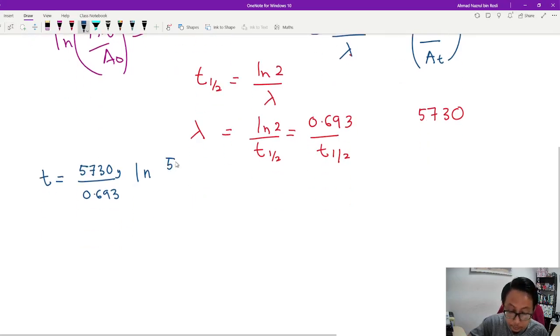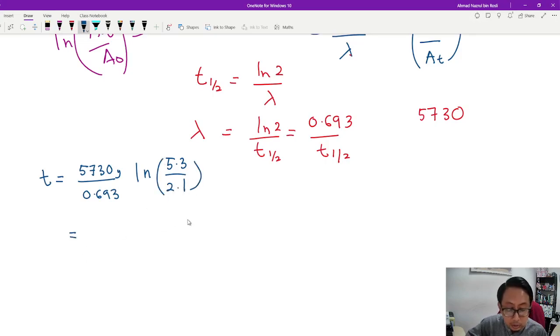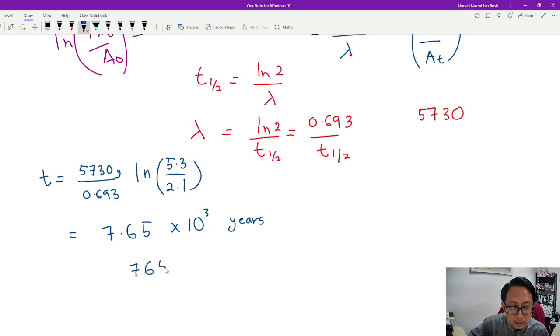So 5.3 over 2.1. You can use your calculator here. What we get is 7.65 times 10 to the power of 3 years, so around 7,650 years. It's a long time, right? So this is the answer.